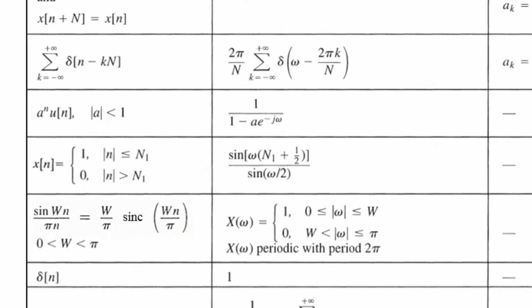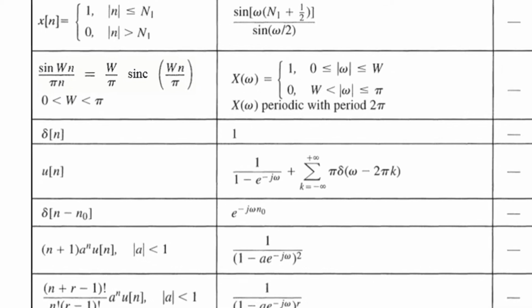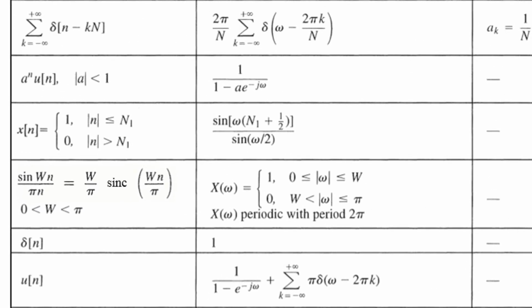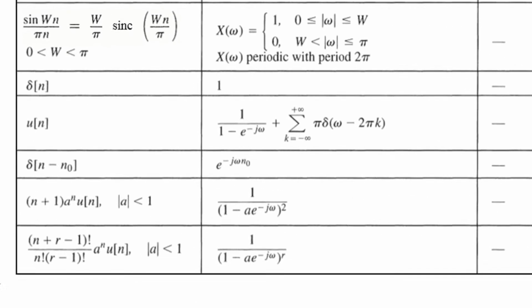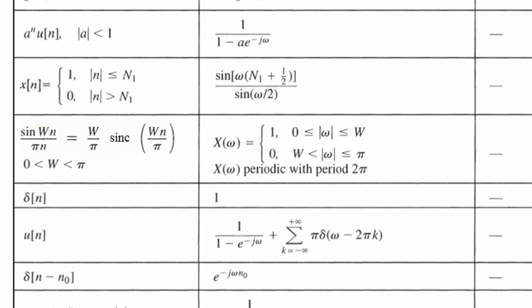And finally, we have our last convergent examples, and there are really only two of them. One of them is the exponential decay, which will give you 1 over 1 minus a e to the minus j omega. And we're going to see a whole bunch of them, and you should really group these together.